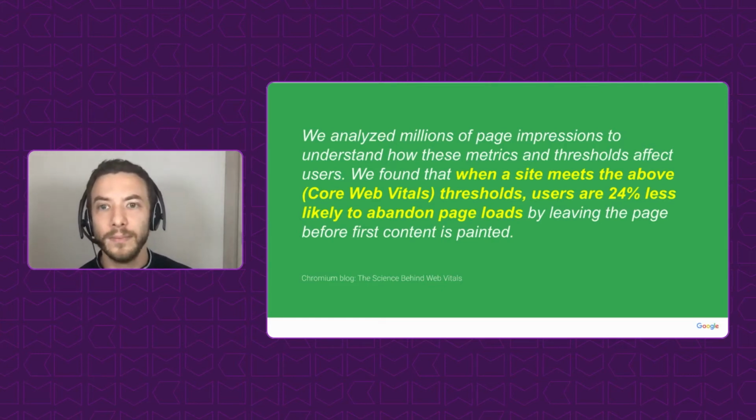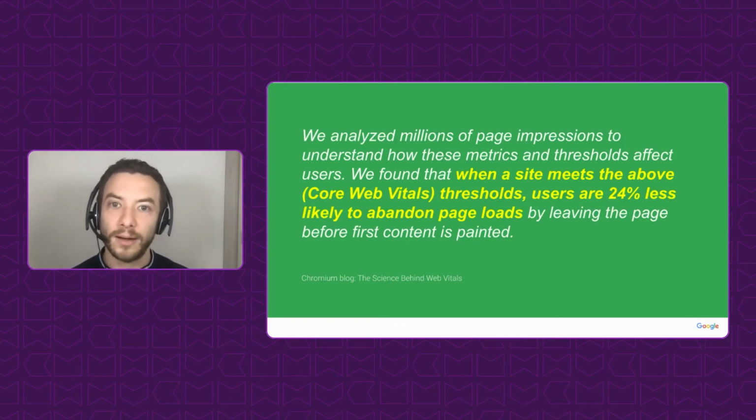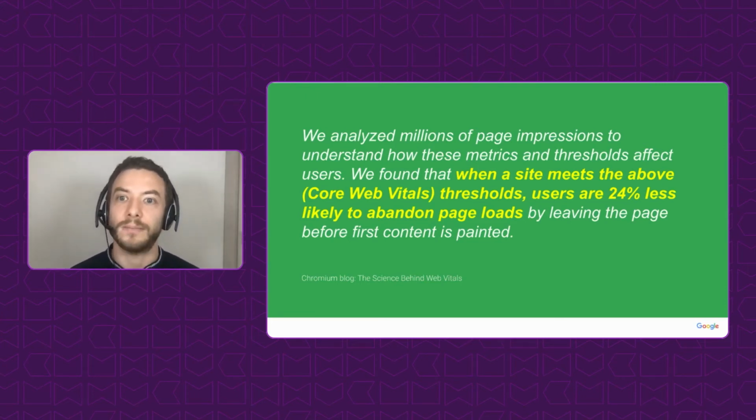If you're interested in more of these stats, I suggest you check our article on the Chromium blog, the science behind Web Vitals. For example, the 24% stat that you can see here, we saw it more relevant on shopping sites, where, for example, on a news site, it was 22%. So I believe it might be quite relevant for your kind of sites.